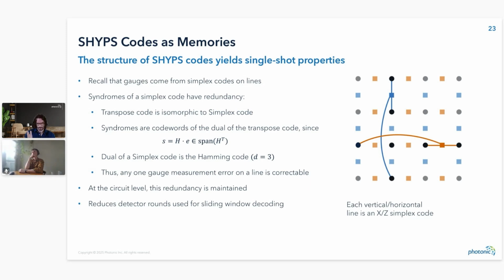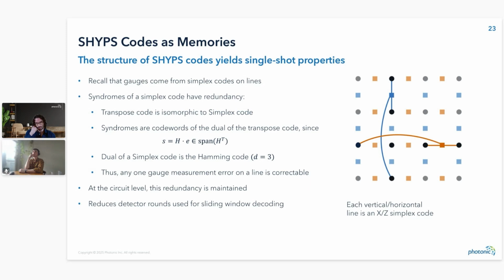Let's recall that the gauges that we actually measure for the SHYPS code come from simplex codes on each of the lines, right? So the very first column of this array on the right here has gauges that are measured along a line. Now, the actual measurement outcomes of these are constrained to some extent.